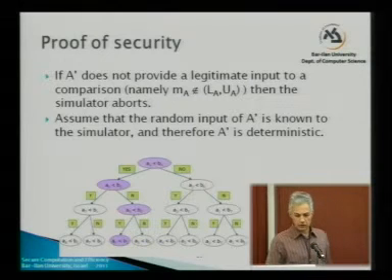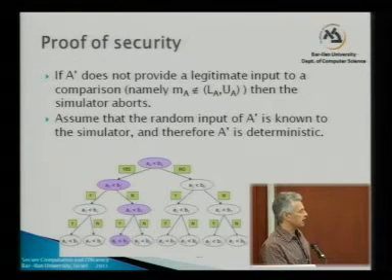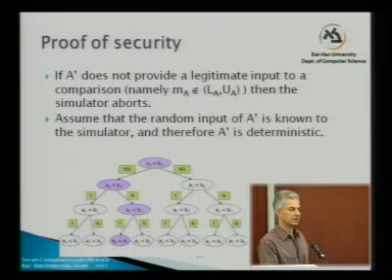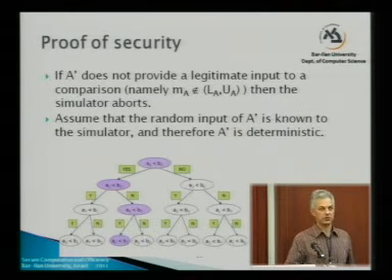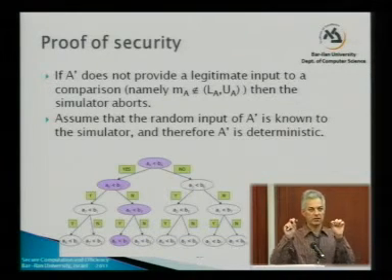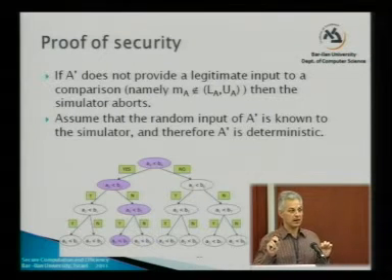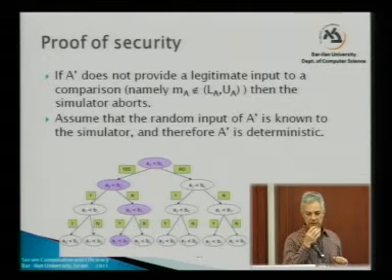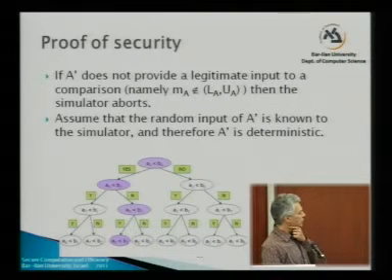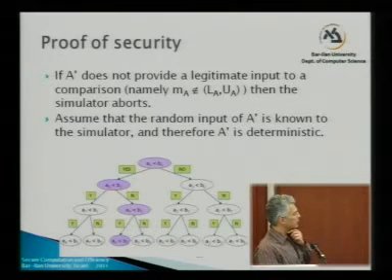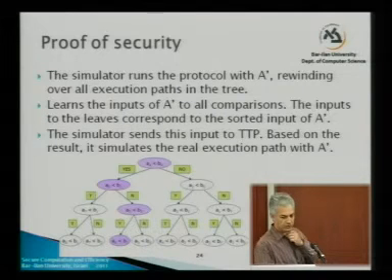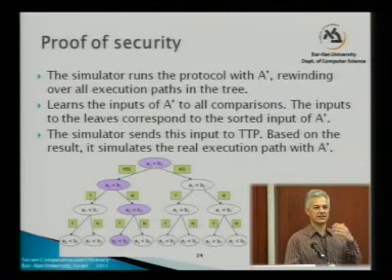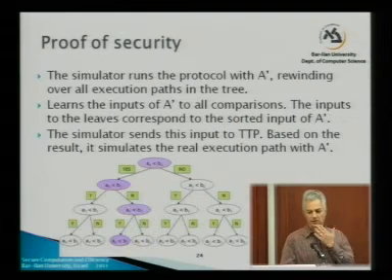So we know that if a party does not provide a legitimate value to the comparison, that is, a median which is in the range which is allowed to the party, then the protocol aborts. So what can we do now? What the simulator can do, it has this A or A prime, which is the adversary.